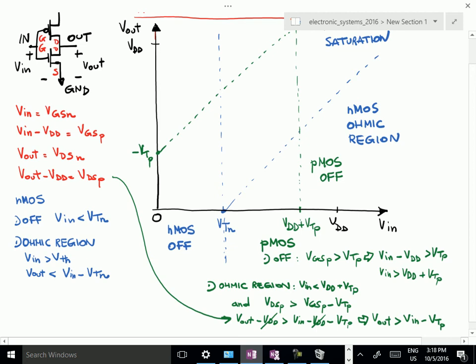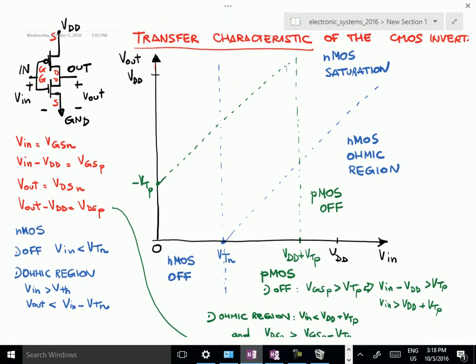The larger side of this line is the ohmic region. So here we have the PMOS in the ohmic region, and in the remaining part of the plane, there's no need to redo the complete calculation: the PMOS is in the saturation region.